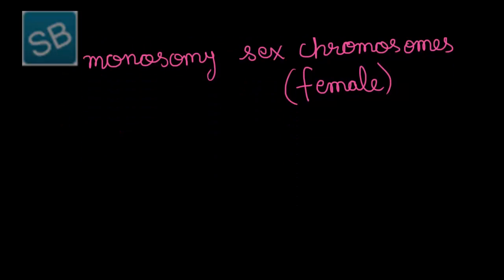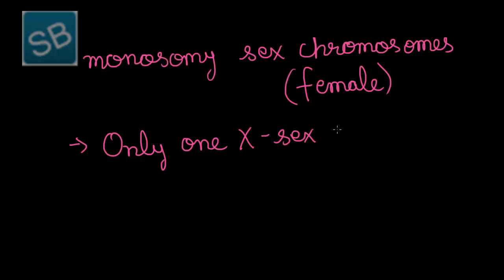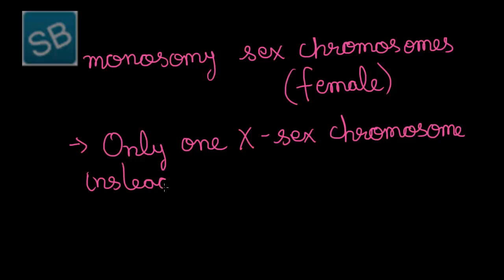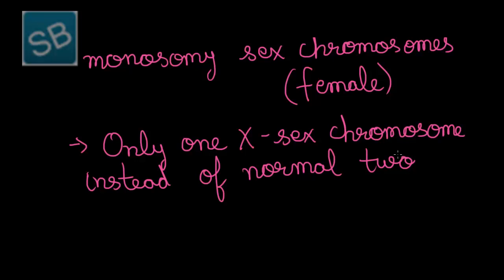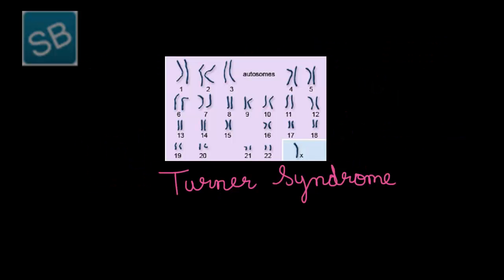Monosomy of sex chromosome means that the 23rd pair, that is the sex chromosome, contains only one X chromosome instead of the normal 2. And therefore it is monosomy of sex chromosome.